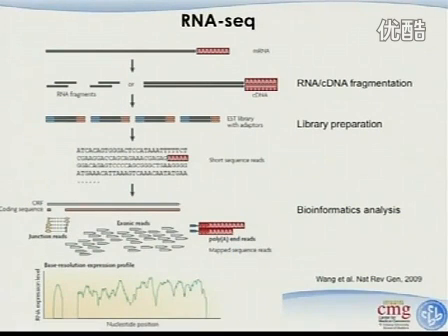Those we call exonic reads. Some of the reads are half in this exon, half in that exon, because the intronic region has already been spliced out. These are called junction reads. The third type is called poly-A reads. You can see a little bit of sequence and then polyadenylation, so it tells you exactly where the end of the gene is.